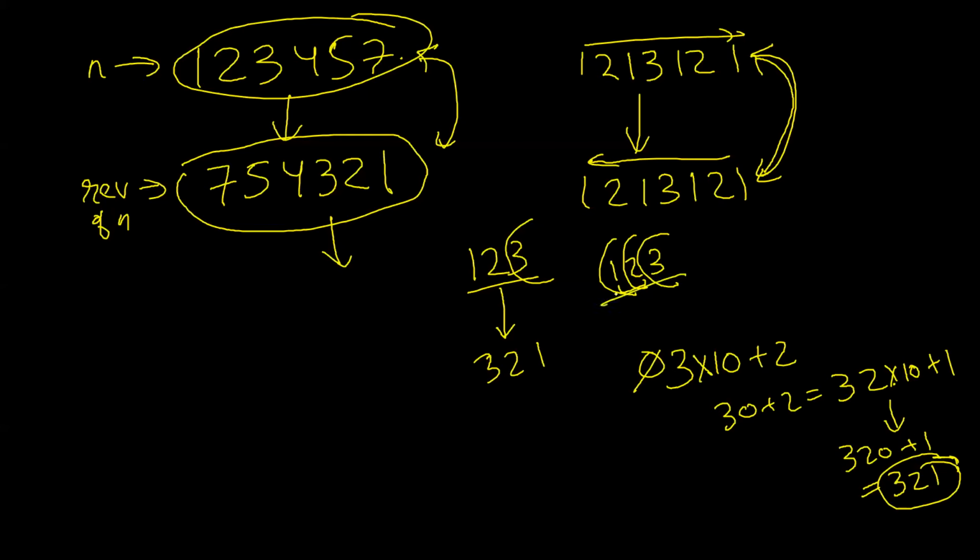So why multiply by 10? Because I don't want to accumulate the sum of the digits. I want the last digit to be appended at the end. If you have a value like 12 and you want 3 appended to it, these places need to be multiplied with 10 so that the unit place will be empty, and then it will become 120, and then you add 3 to it, so it will be 123.